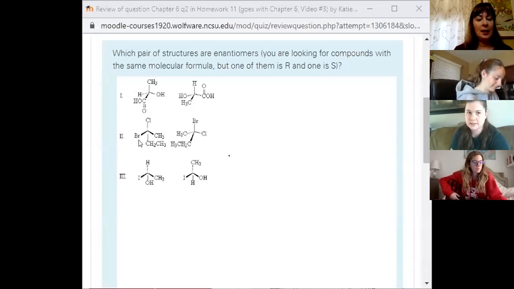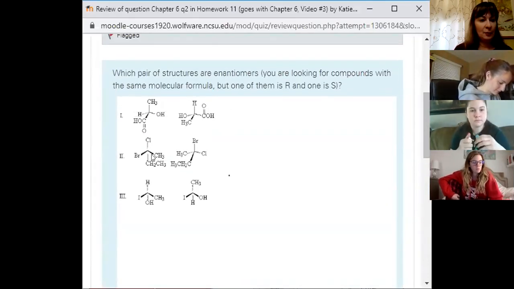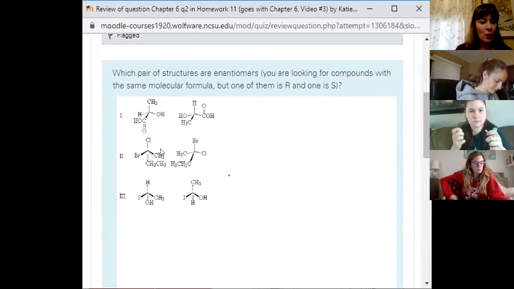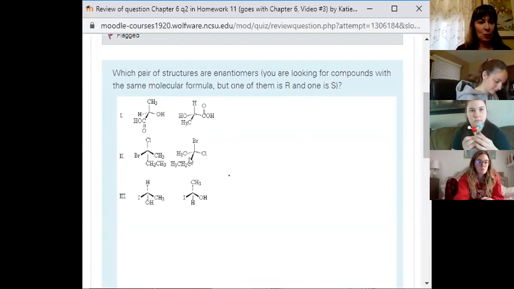I'm checking my model set to answer your question. This one has the bromine pointing towards you, and the lowest rank substituent, which would be white, was also pointing towards you. And then it had the chlorine on the top, and the yellow substituent on the bottom.